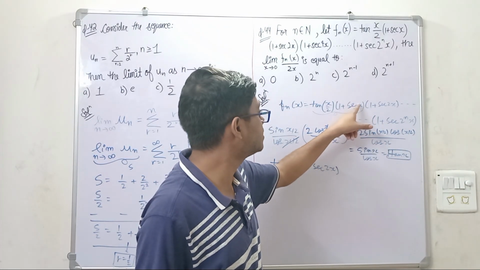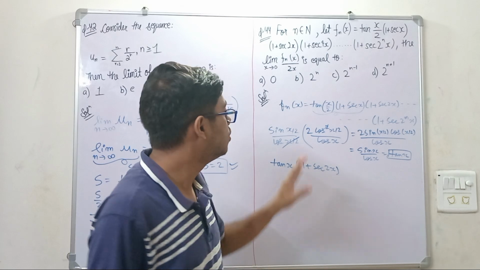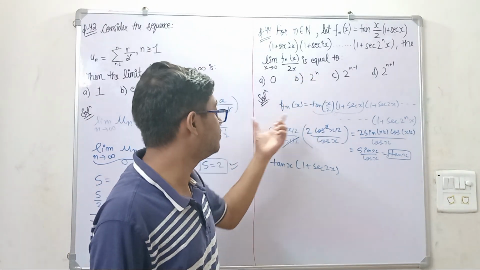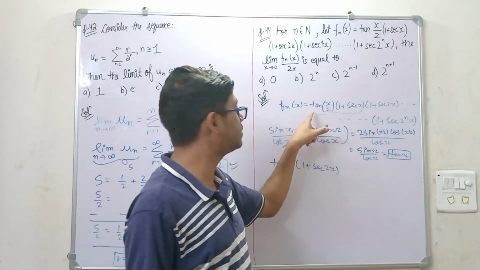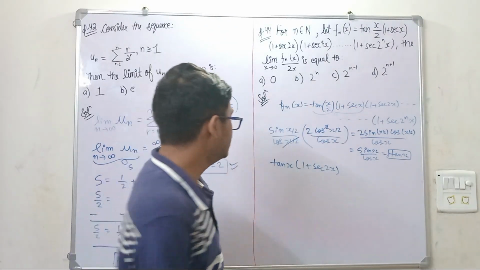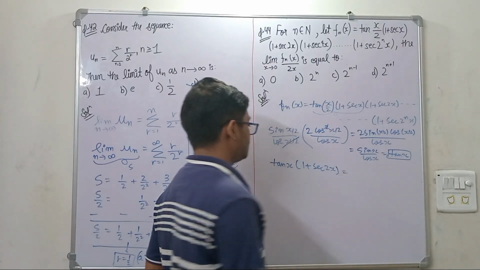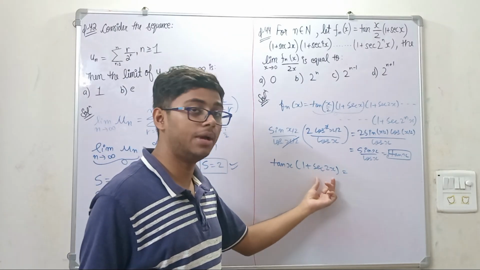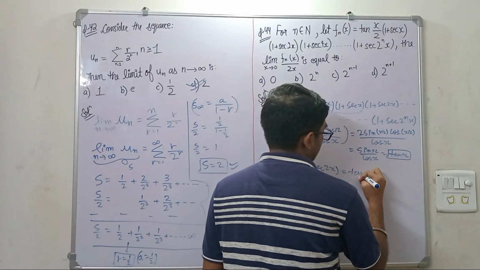Irrespective of any angle taken here, whichever angle is here, it is double of tan x by 2, and it has the same angle as that of sec x. Means what will be the next term? This will be double of this, and same as this, means tan 2x.